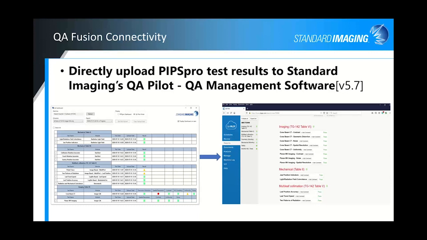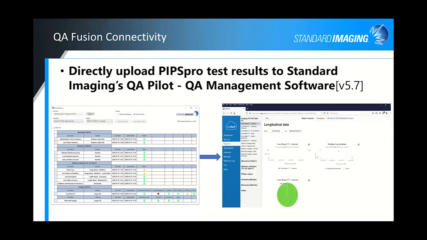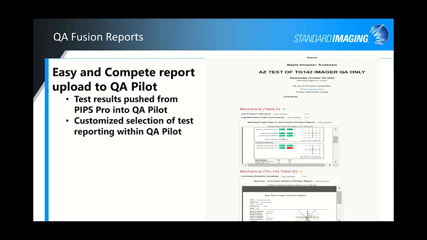So that's a screenshot of the test results within QA Pilot for the imaging. You've got your cone beam test there and what your results are. There's a little more drill down into some of the specifics of that data for the cone beam CT result. Full reporting both on the QA Pilot and PIPSpro sides.